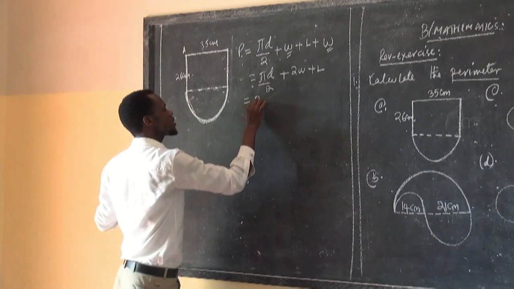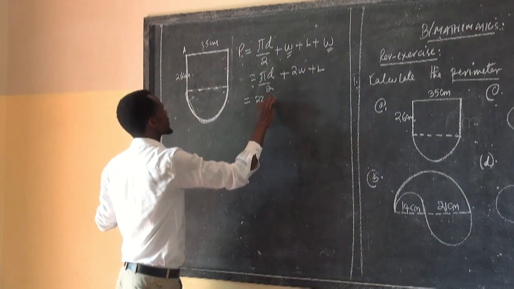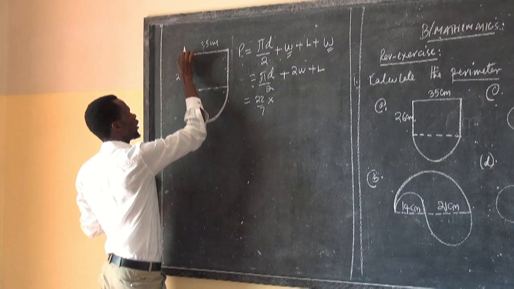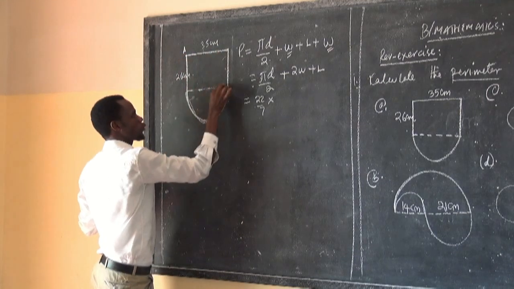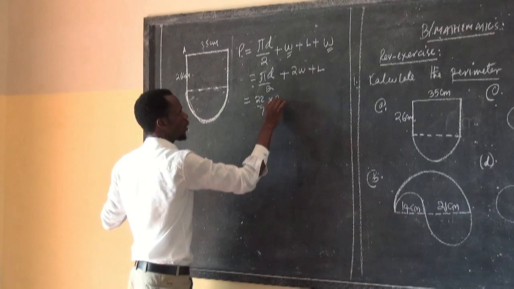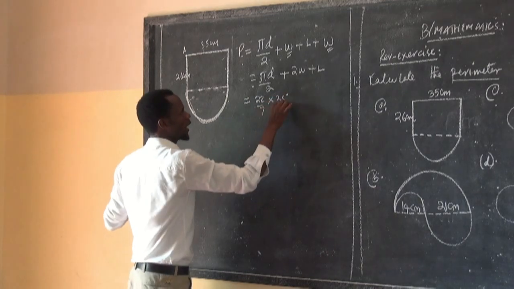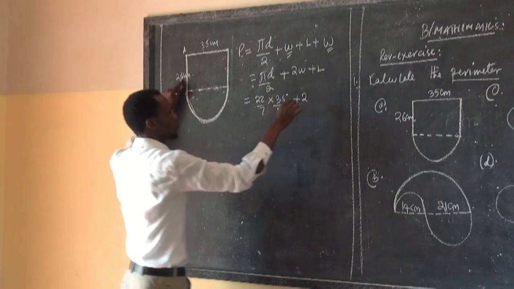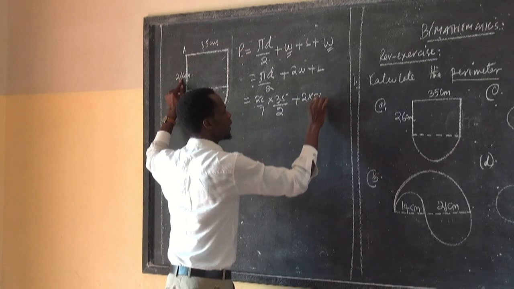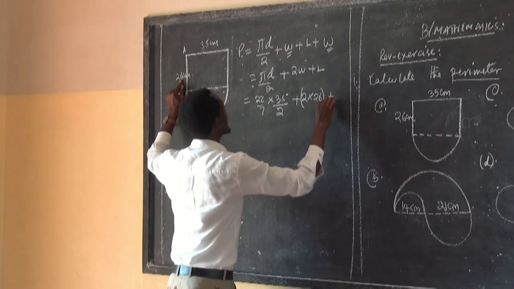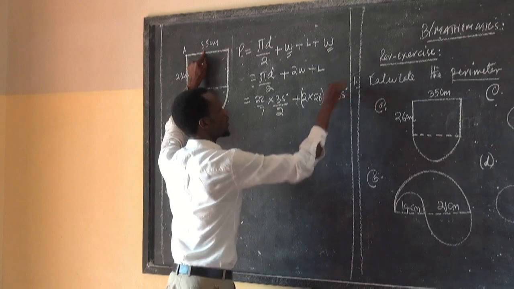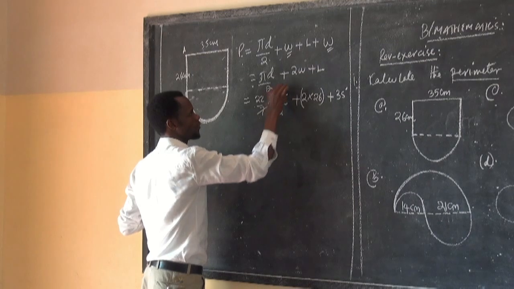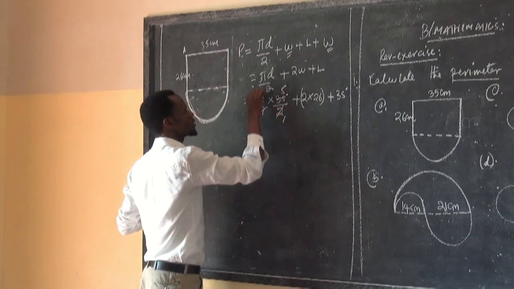We have pi equal to 22 over 7 times d. The diameter is from here to here, which is equal to 35, then over 2. Then plus 2 times the width, which is 26. Then plus the length, which is 35. Mathematically, this cancels with this one, we have 5. Then this one is 11.